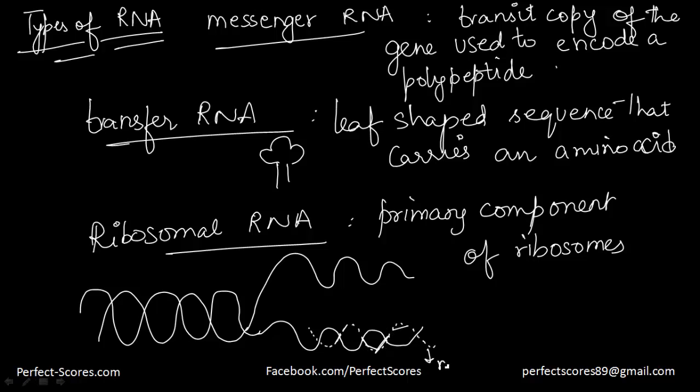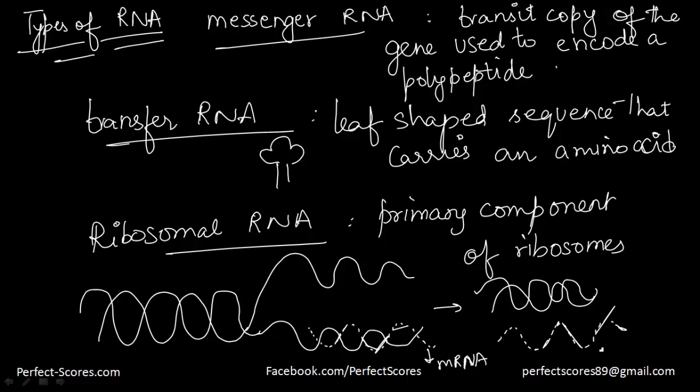This one is the messenger RNA. Eventually these two strands will combine together and this messenger RNA will be left alone. Now this messenger RNA strand is the transit copy, and this will move out of the nucleus and into the cytoplasm, and then it will take part in the process of translation, in which we will be using these two kinds of RNAs as well.